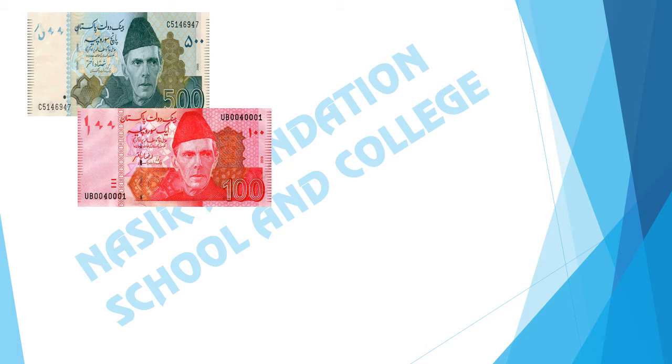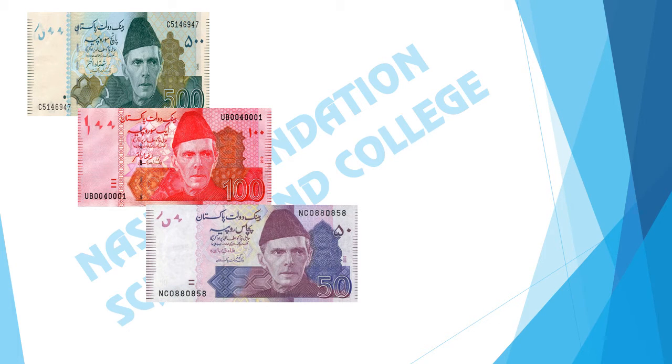It shows 100 rupees. In 500, if we add 100 more, we get 600. In 600, if we add 50 more, we get 650.